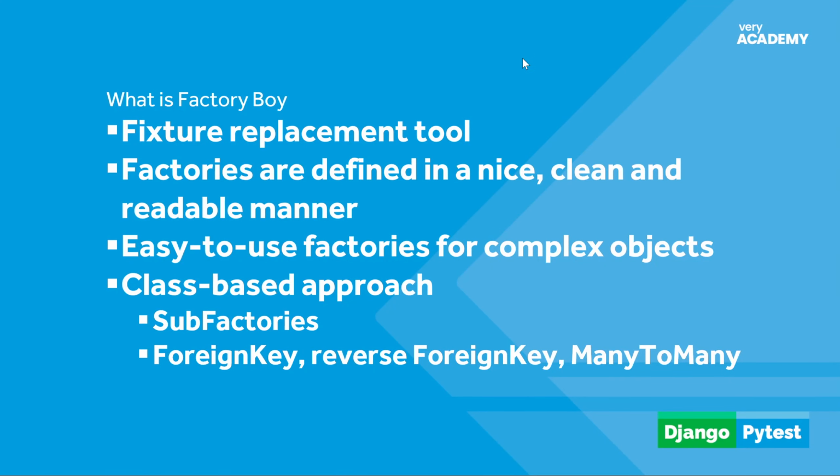Tools such as Factory Boy are trying to make it easy to use factories for complex objects. So again, the idea from the previous tutorial where we created our factory and were then able to create more complex objects, so that we could use them in our tests. With Factory Boy, the idea is that we simplify that process for complex objects.